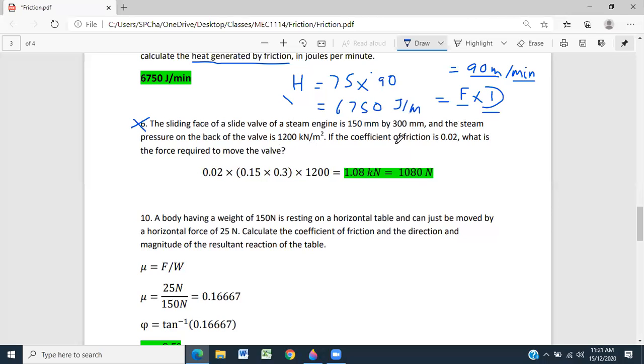If the coefficient of friction is 0.02, what is the force required to move the valve? Essentially, the coefficient of friction equals the force required to move the thing divided by the force holding them together. Remember, this is not weight. This is the force holding them together, and it is based on this pressure.